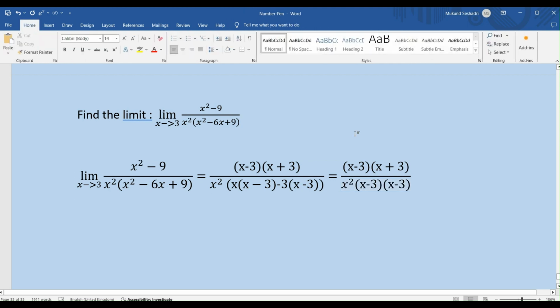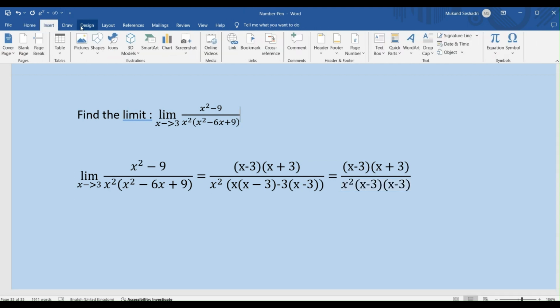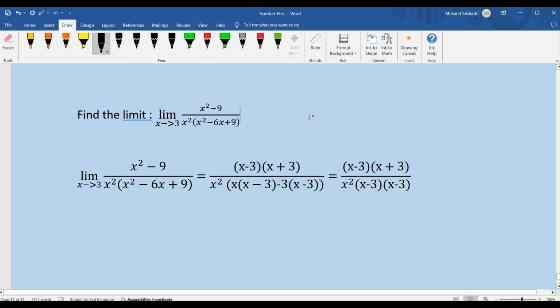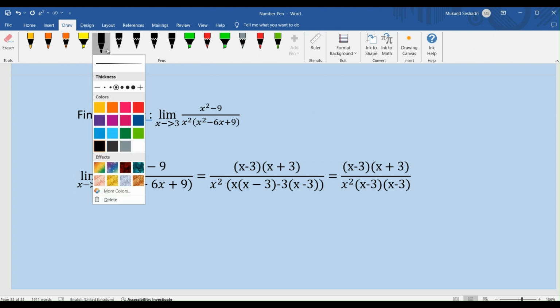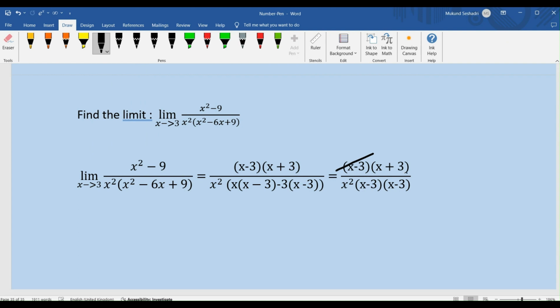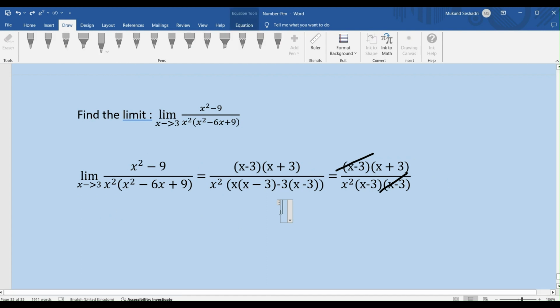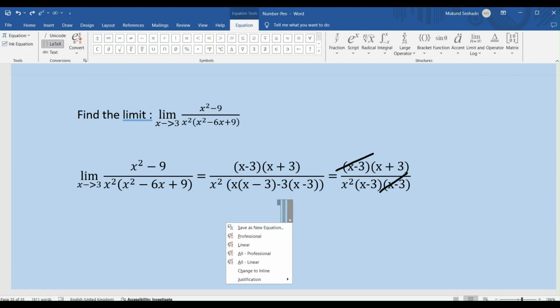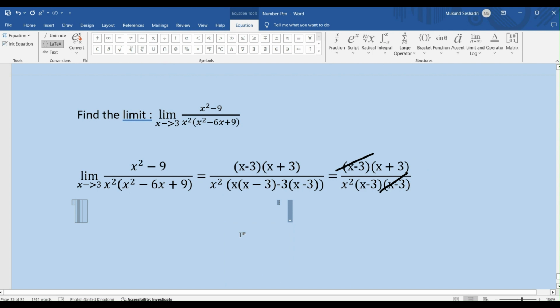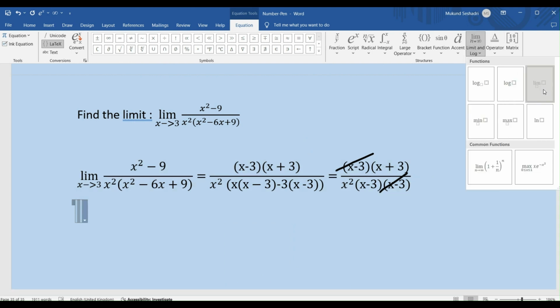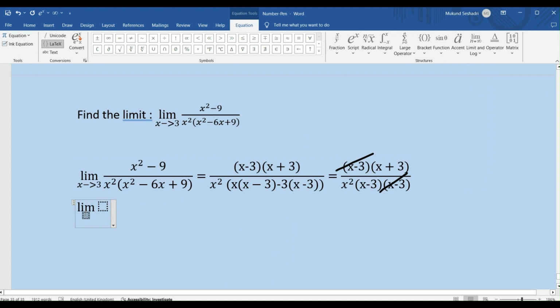So now we have an x minus 3 in the numerator, and we've got an x minus 3 in the denominator as well. That allows us to cancel one of them. And I'm going to move to the next line, and copy this particular simplified expression, right?